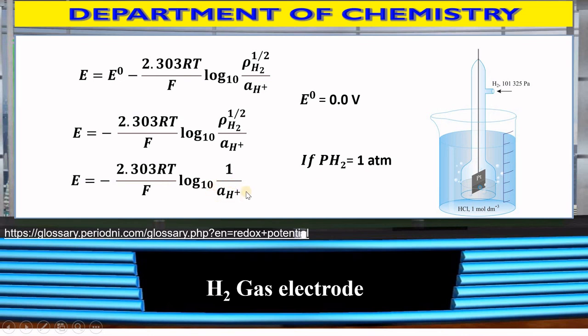So by using the activity of H+ ion, meaning the concentration of H+ ion in the solution, we can calculate the EMF of the hydrogen gas electrode.